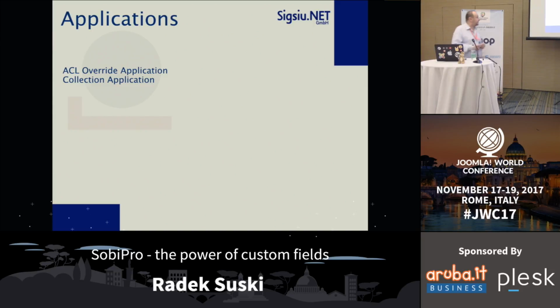The other one is the collection application. It was created on request from Rowan. She wanted to have it for a client. This is a really nice application. It has basically two purposes. The first is that you can go into a directory, let's say a business directory, and add some of those entries into a list in the collection application.